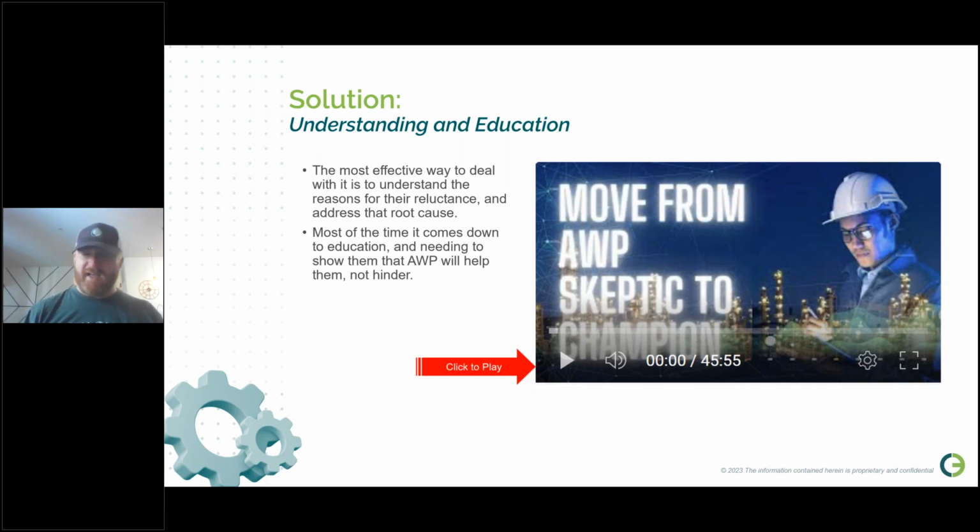And then when you actually sit down and go through the basics of it and say, right, we're going to do this path of construction and we're going to build work packages, and once you explain it in simple, clear English, a lot of the time people just turn around and say, oh yeah, okay, that's good, no problem. So a lot of the time it's just getting over that initial hump of resistance.